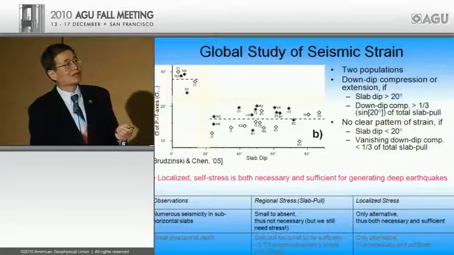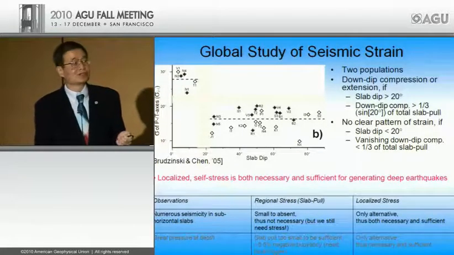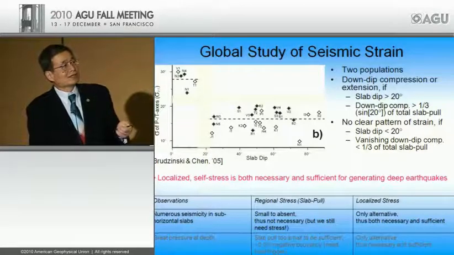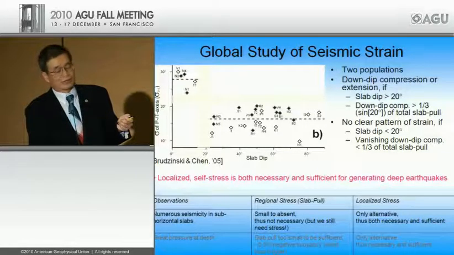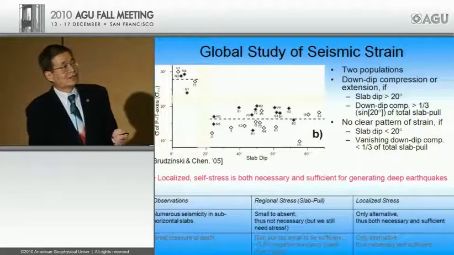We're plotting the standard deviation of the Fisher distribution on a sphere. So these places where the slab dip is greater than 20 degrees is your classic down dip extension or compression, because the standard deviation is only about 15 degrees or so. But if the dip is too small, then the standard deviation jumps by almost a factor of 2 to about 28 degrees or so.